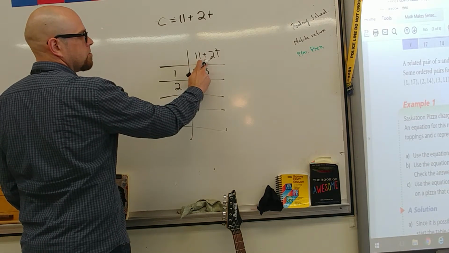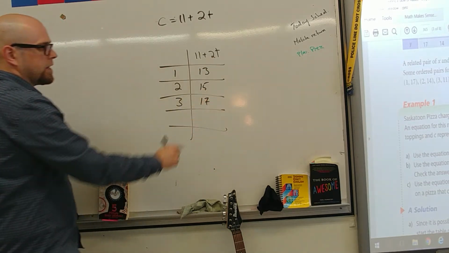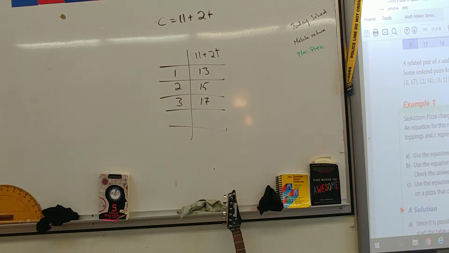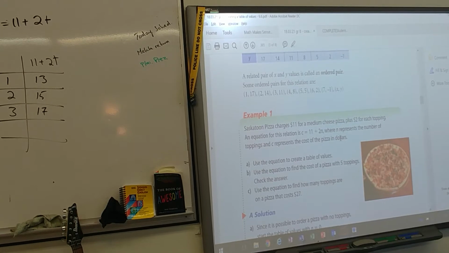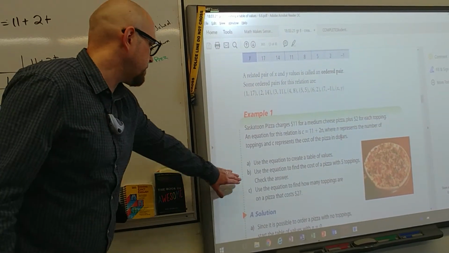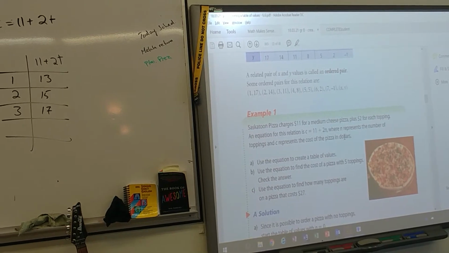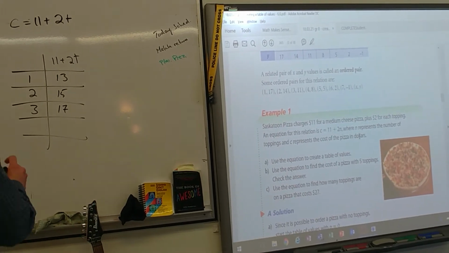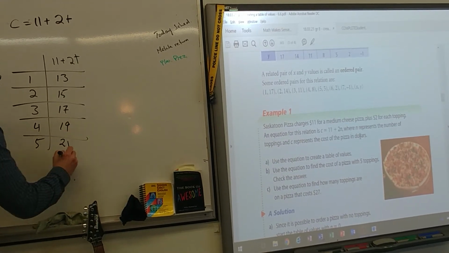Then it's $11 plus 2 times 3 toppings. And we can already see our data is going up and up and up. Then the question on the assignment says, what if there was 5 toppings? Well, if there's 5 toppings, I can just continue in my chart here. 4, 5. It'll be $21.